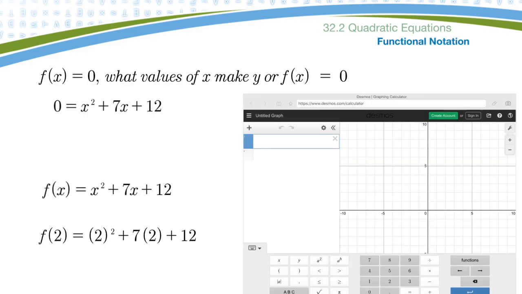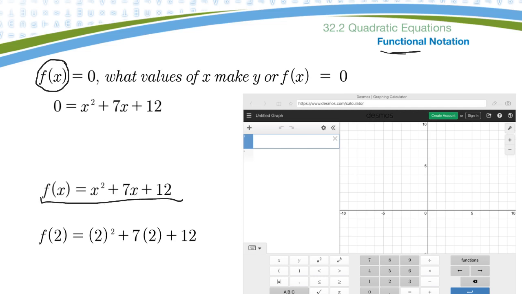So just before we get into those 4 things, I wanted to mention 1 or 2 things about functional notation. What we're doing in this section is solving for a quadratic function, and when we're trying to find the x-intercepts of a quadratic function, we're letting f of x equal 0. So this first one, I have 0 is equal to x squared plus 7x plus 12.